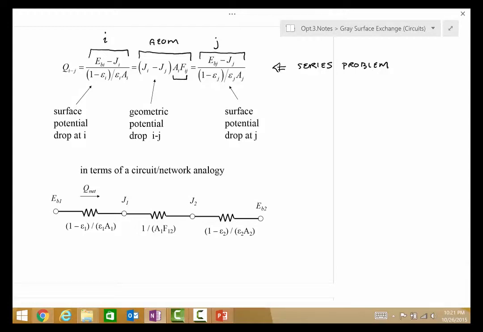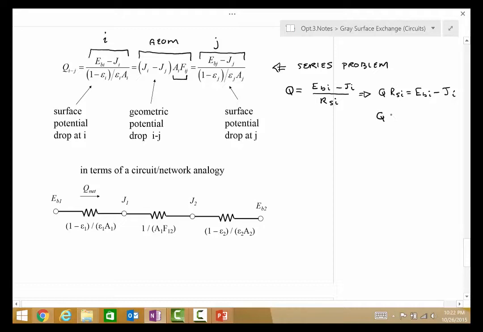Said differently, Q is equal to Ebi minus Ji over RSi, which implies that Q RSi is equal to Ebi minus Ji. We can do the same thing for the other surfaces.